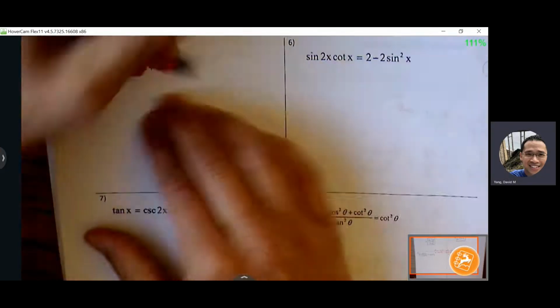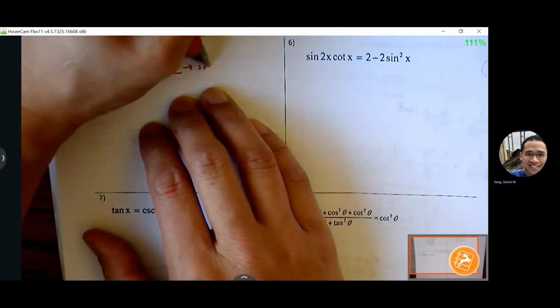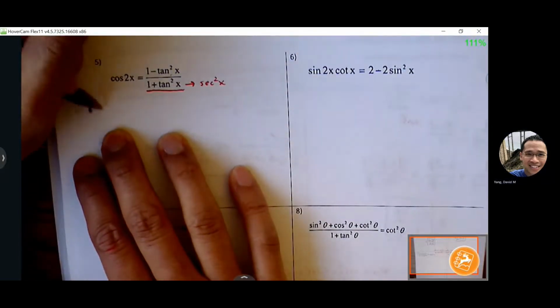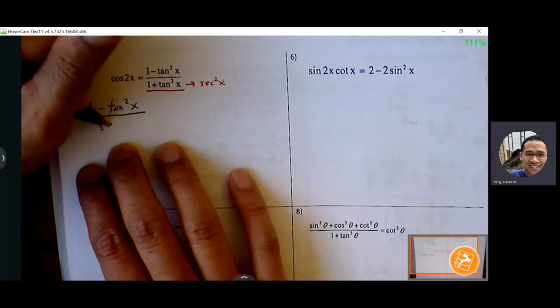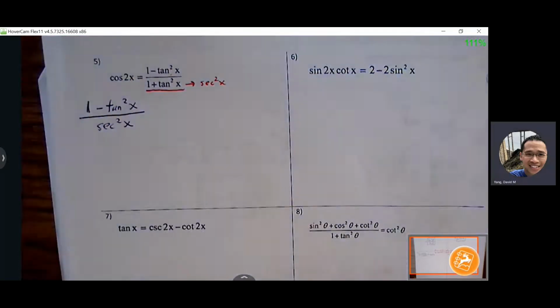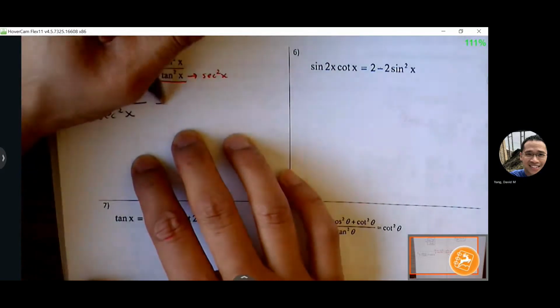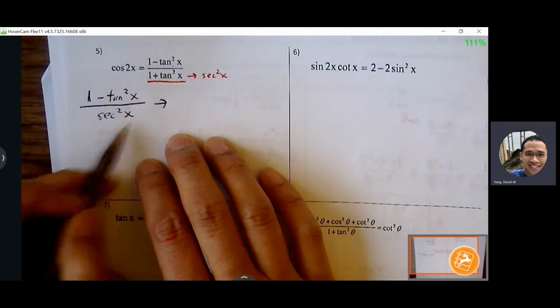So you spot a denominator that we can do with this piece, right? 1 plus tangent squared is secant squared x, okay? Okay, that works. What would you do next? Okay. So basically, let's get everything to sine and cosine, right?